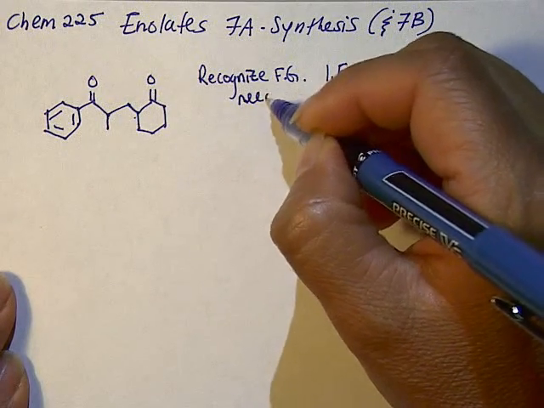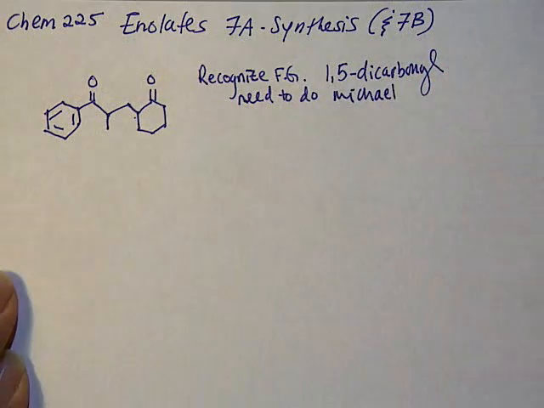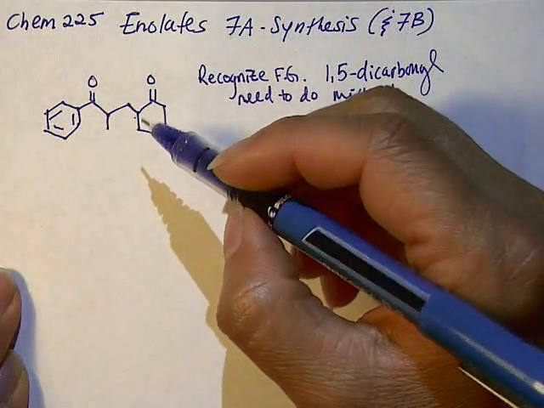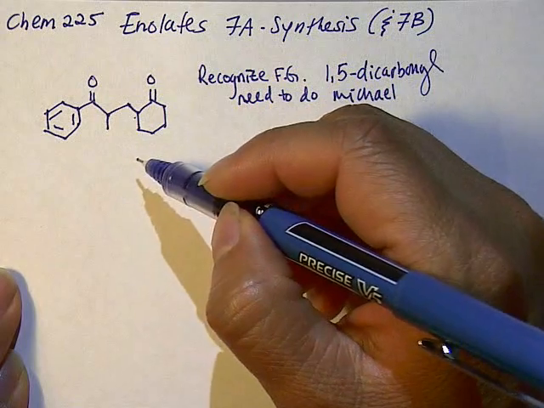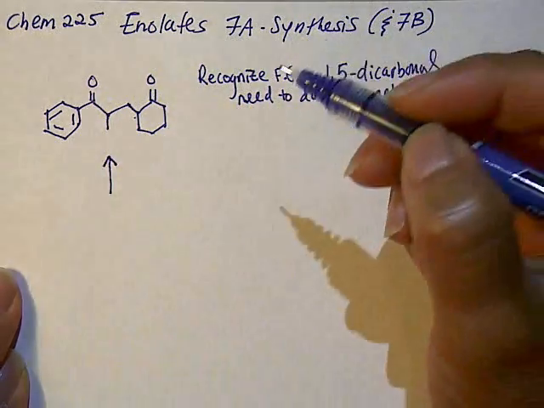And if it helps for you to write it out so you could organize your thoughts, that's fine. So then the question is, which way should we do the Michael reaction? Because you know the Michael reaction has an alpha-beta unsaturated enone system. There are two ways you could dissect this and come up with it, and either one will be fine.